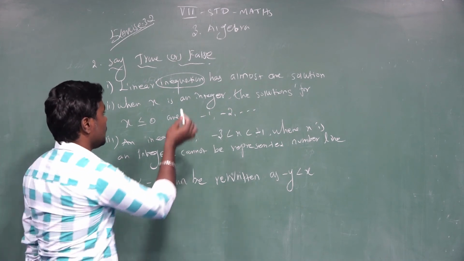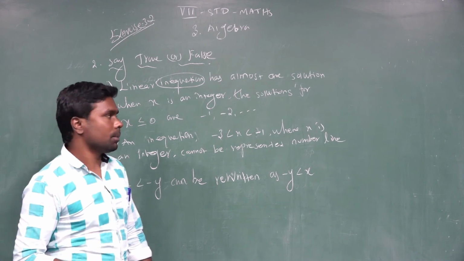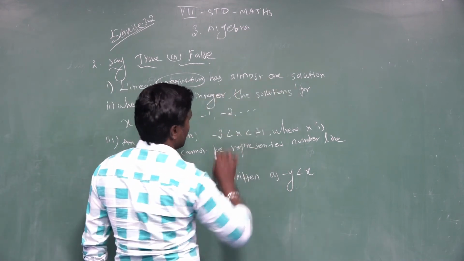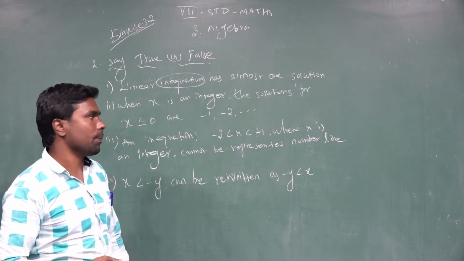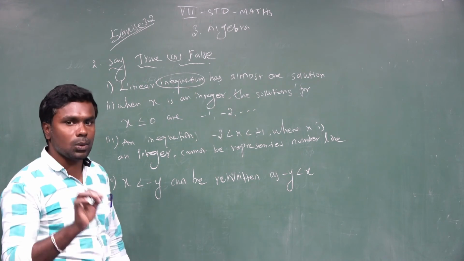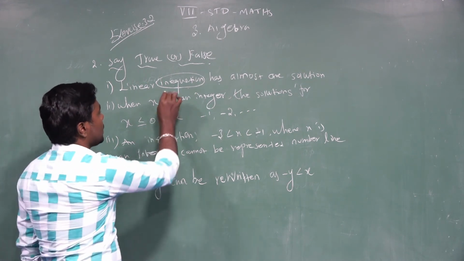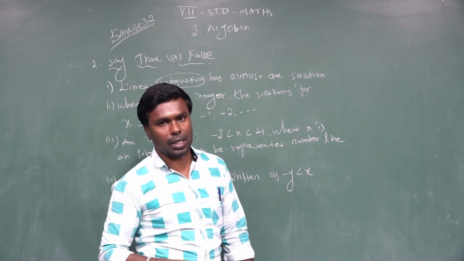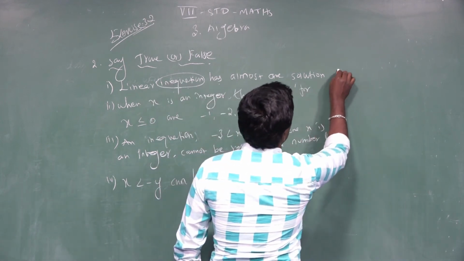But a linear inequation has many solutions. But the given statement says at most one solution, which is totally wrong. The linear equation has only one solution, that is right, but the linear inequation has many solutions. But they gave one solution. So false.